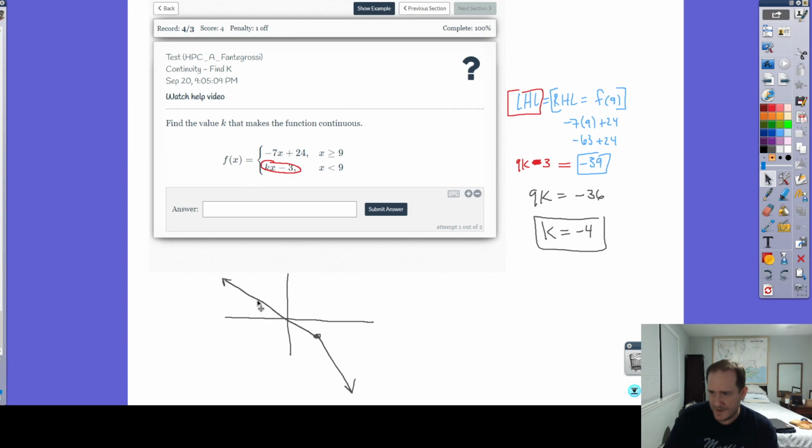For now I'll just say, let's just pretend that changing the value of k just slid us up and down. If we were in any other position, we would have a jump discontinuity, right? But for a certain value of k, we can engineer it so that our graph just meets up with the other one. And then there's no break. There's not a jump discontinuity anymore. They meet cleanly and we're continuous. That's what we're doing when we're trying to find the appropriate k value.